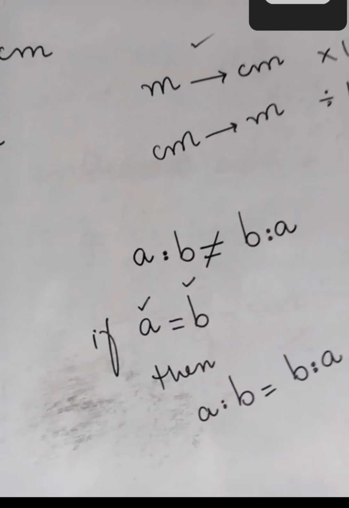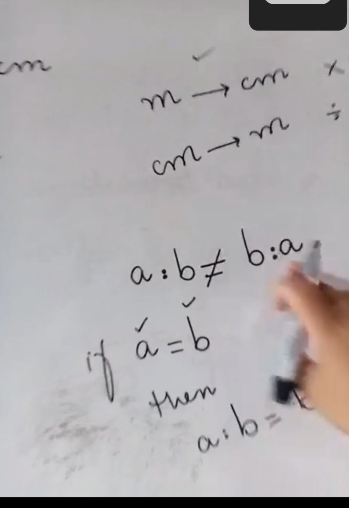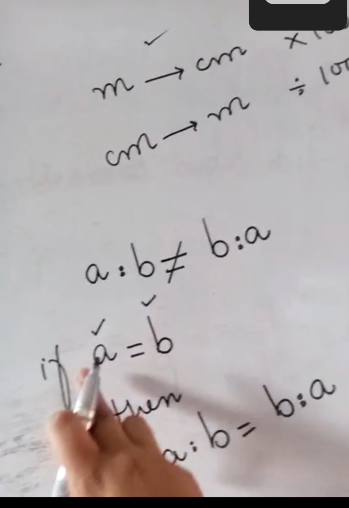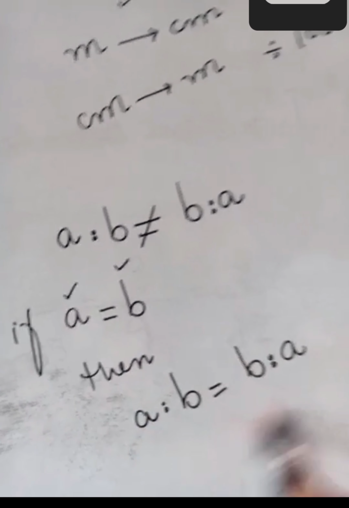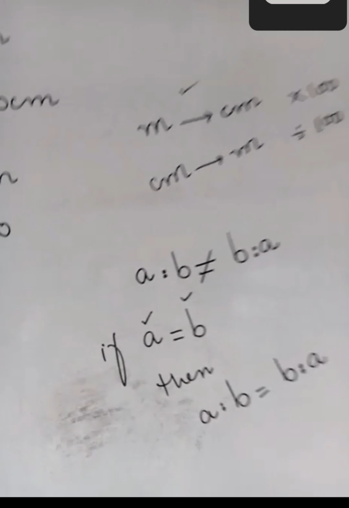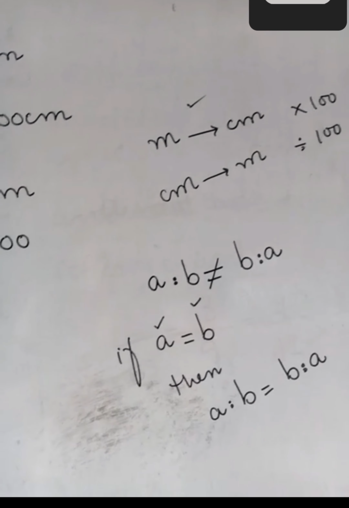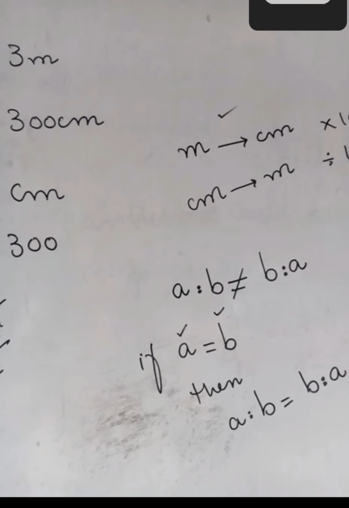A and B are any two real numbers. A ratio B is not equal to B ratio A. It holds if and only if A is equal to B. Then you can say A ratio B is equal to B ratio A. Okay, done? Now come towards the next part.